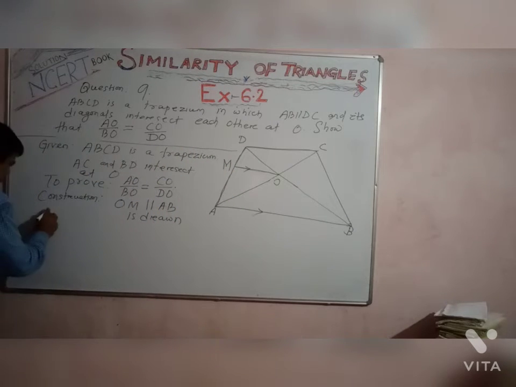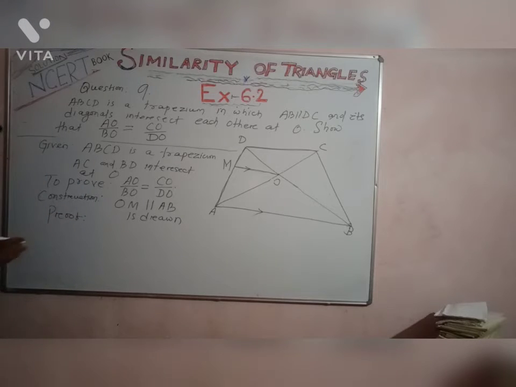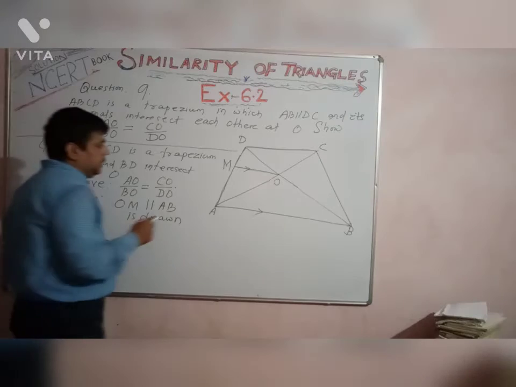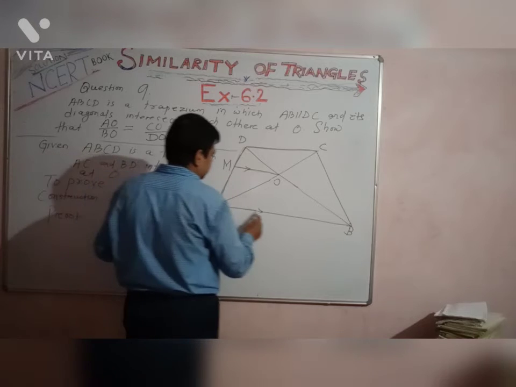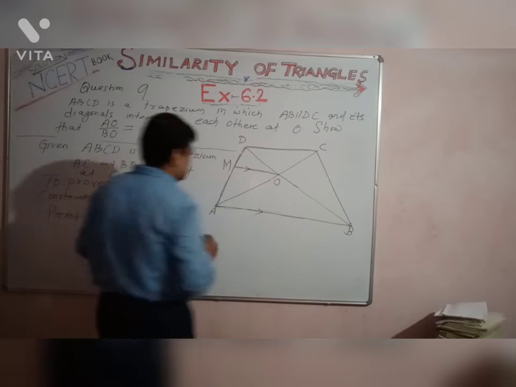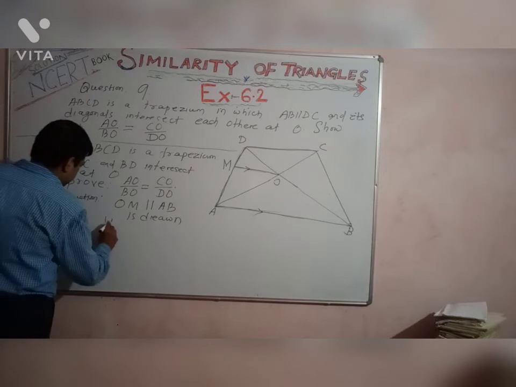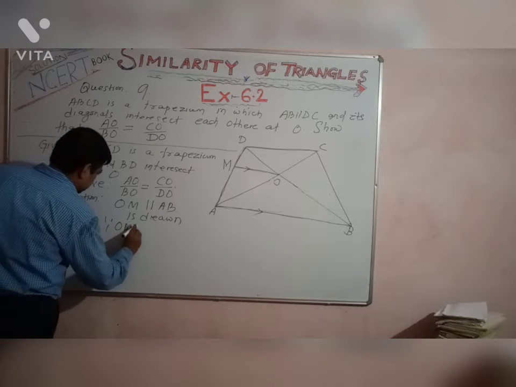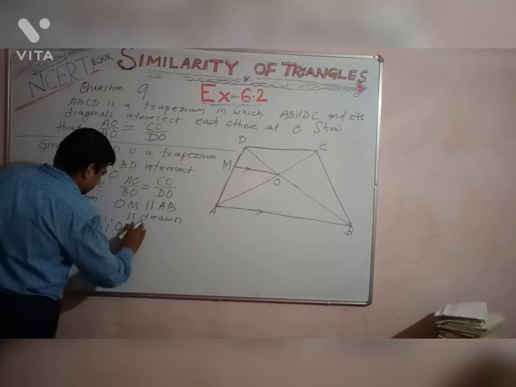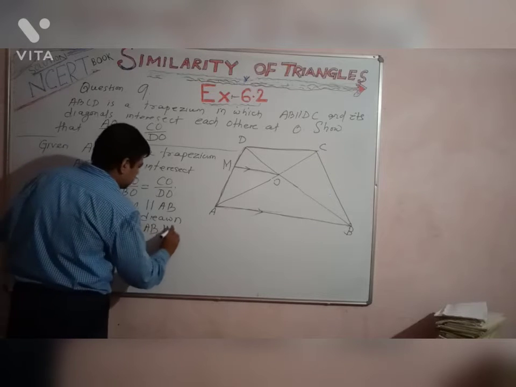Okay, now the proof. Look at the triangle DAB. In the triangle DAB, OM is parallel to AB. Yes or no? And AB is also parallel to what? CD.